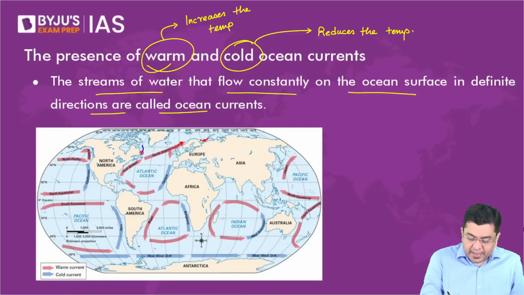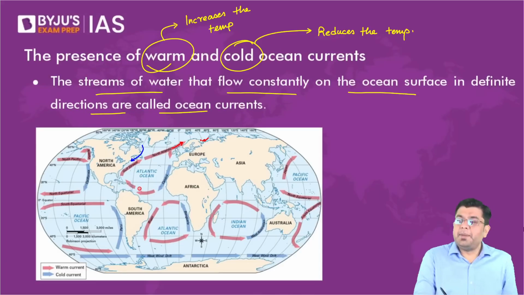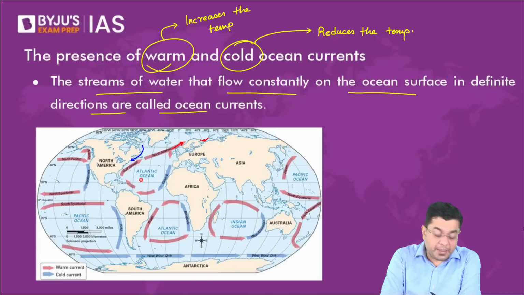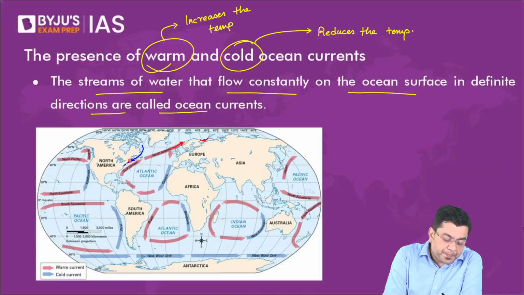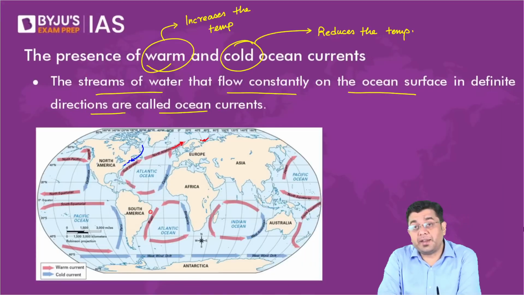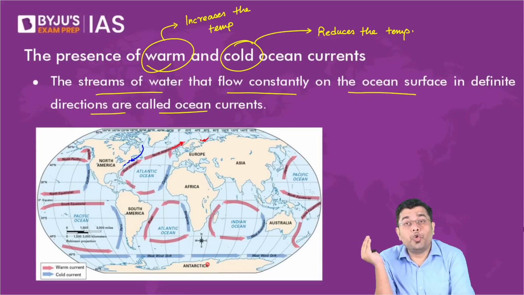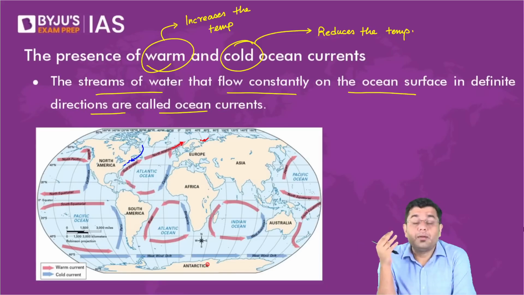A cold ocean current in this region is named the Labrador current. Now, while the Labrador current significantly mixes with the Gulf Stream, some amount of that cold water enters here, in the coastal areas of United States. And that is where the temperature suddenly dips, what is also referred to as the phenomenon of a cold wall, where in the coastal areas of United States it suddenly becomes very, very cold.